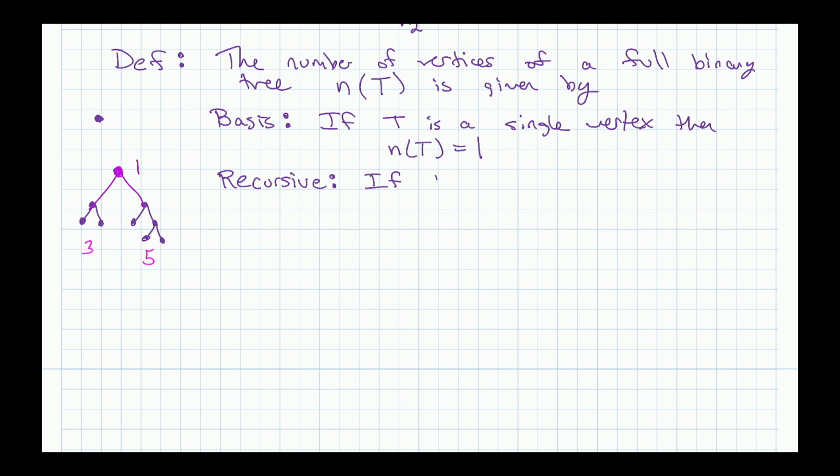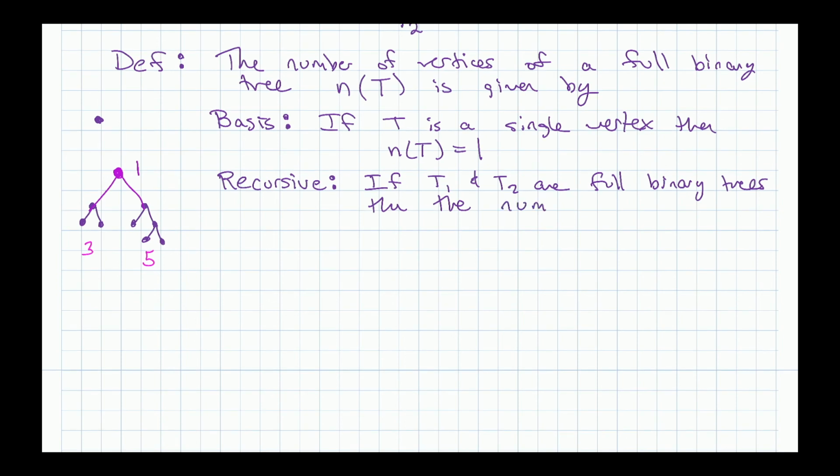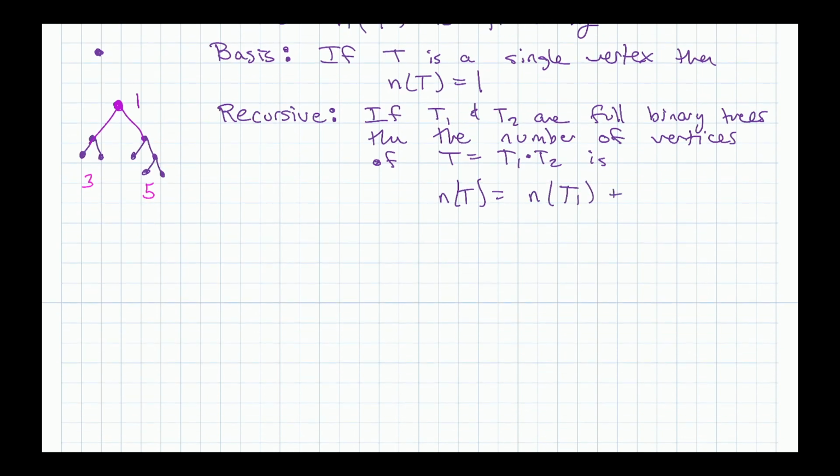So let's see. If T1 and T2 are full binary trees, then the number of vertices of T, where T equals T1 dot T2, is N of T equals, well, count up the vertices in T1, add it to the number of vertices in T2, and then add 1 for that new root.